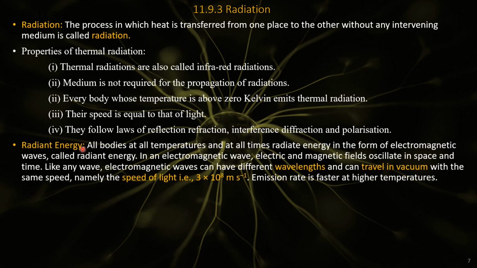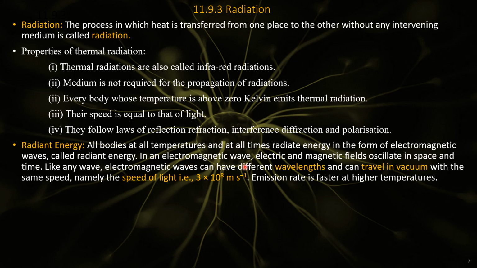Now we define a term called radiant energy. All bodies at all temperatures and at all times radiate energy in the form of electromagnetic waves, called radiant energy. As we have seen, radiation takes place in the form of electromagnetic waves, and the energy radiated by bodies is called radiant energy.